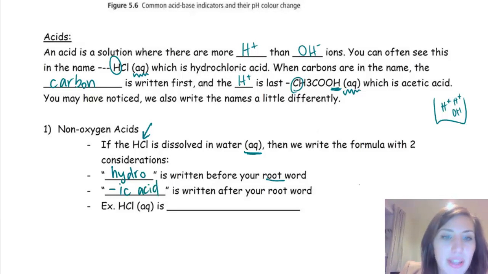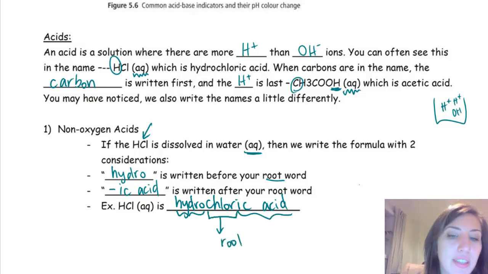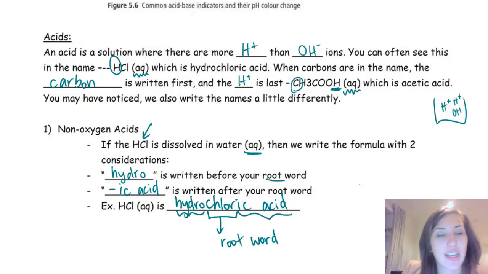So how are we going to write this? HCl is hydrochloric acid. So the hydro at the beginning, the ic acid at the end, and this chlor, this is our root word. This is the part that doesn't change.